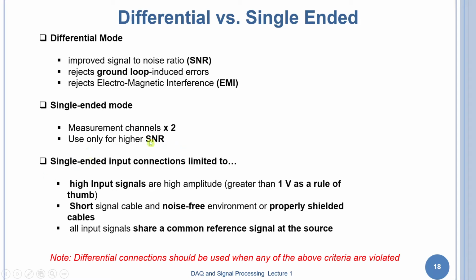You should use this only when you have a high signal to noise ratio, so limit the use of single-ended to these conditions. You should have a high input signal source. Second, your cables are not too long, and your cables are properly shielded and all share a common reference signal at the source. If even one of these criteria is not fulfilled, it's better to go with the differential mode of measurement.